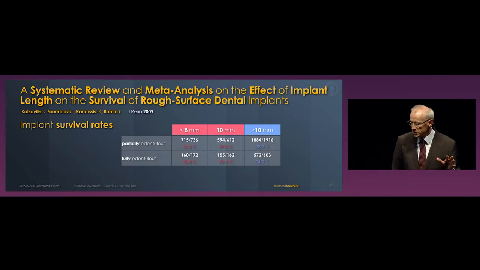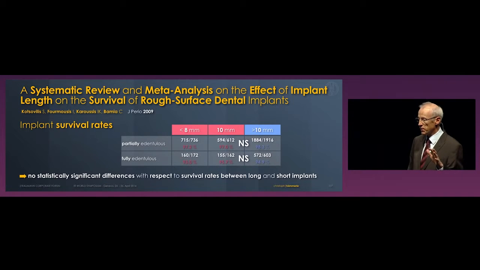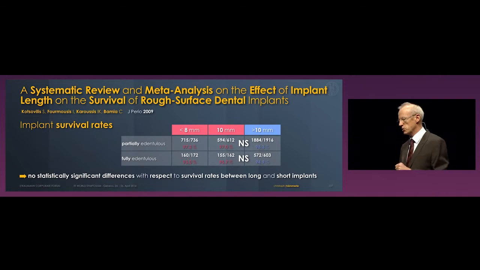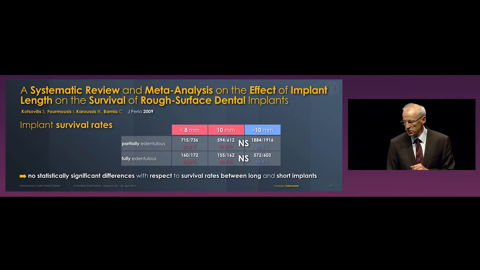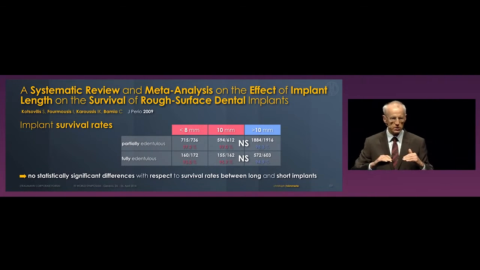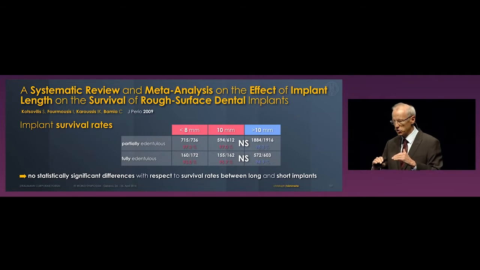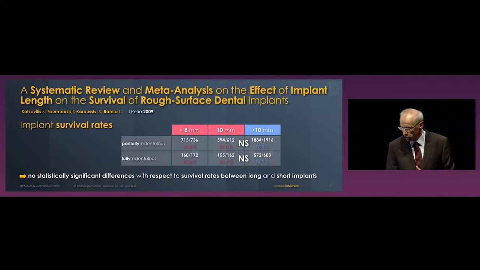They made 2 groups in their table of survival rates, one group with partially edentulous and one with fully edentulous patients. Less than 8 millimeters, let's look at the partially edentulous, 97% of survival. 10 millimeters, again 97, and more than 10, 98. There were lower levels of survival in the edentulous patients, but again, both groups had no significant differences.